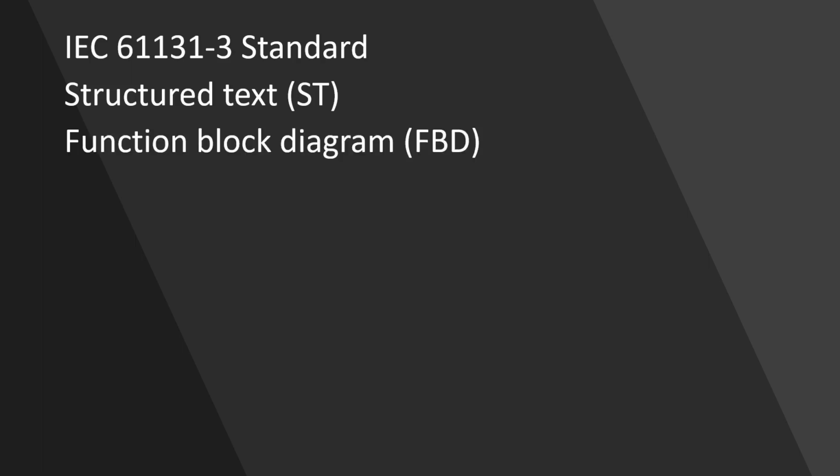We have function block diagram, FBD. It's a graphical programming language. Typically, it uses logical gates like AND, NOT, OR gates, different counters, and RS flip-flops. FBD is very intuitive for someone who knows basic electronics.